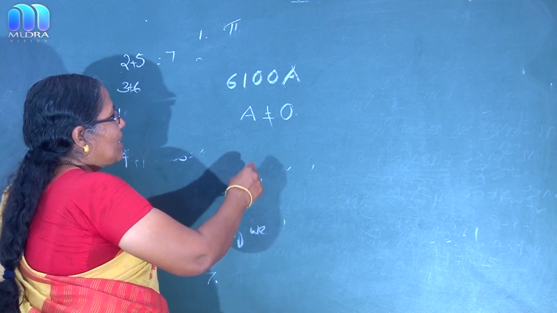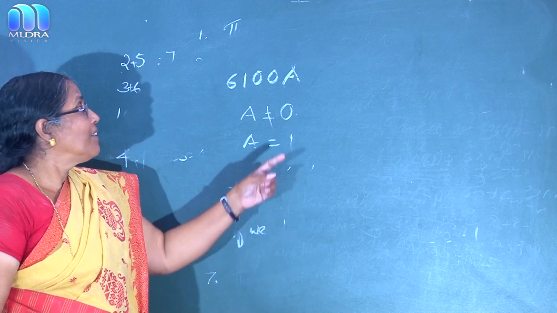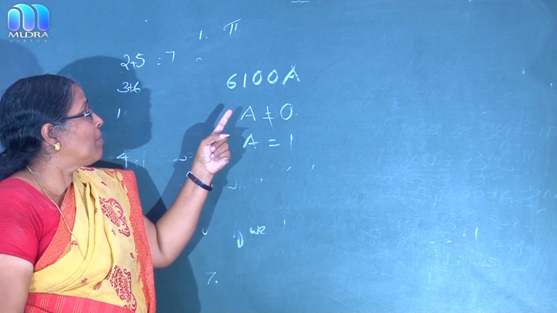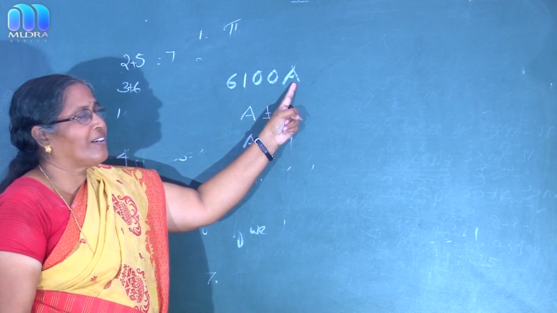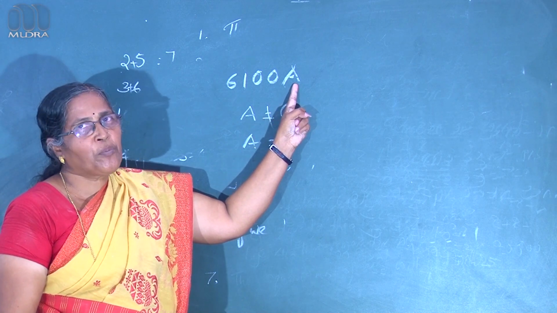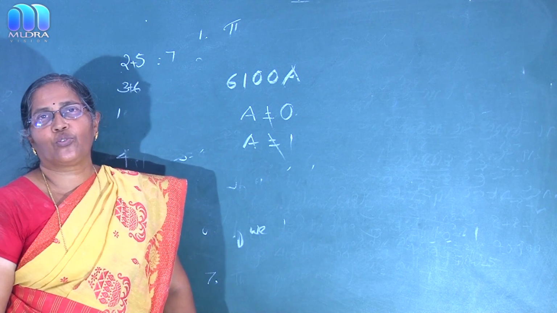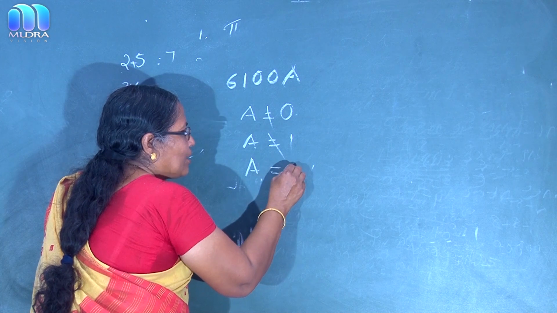Then we can check whether A is equal to 1. Look here. What is the sum of digits of a square number? 6 plus 1 plus 1 will become 8. The sum of the square will not be 8. So, A is not equal to 1. Then check whether A is equal to 2.